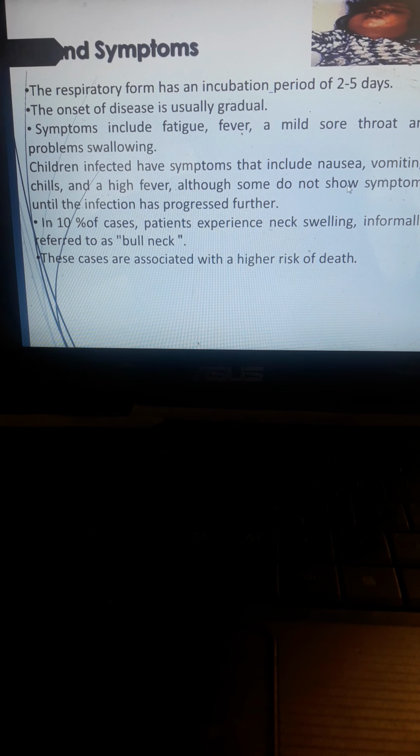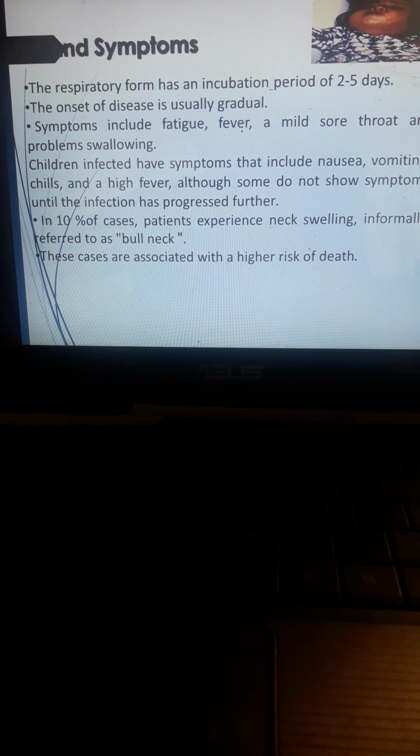Some do not show symptoms, and this is considered asymptomatic. It's like COVID-19, where there are patients that are asymptomatic. And 10% of cases usually cause swelling of the neck, called bull neck. These cases are associated with a high risk of death.